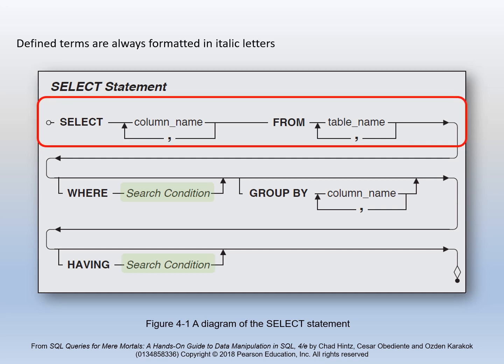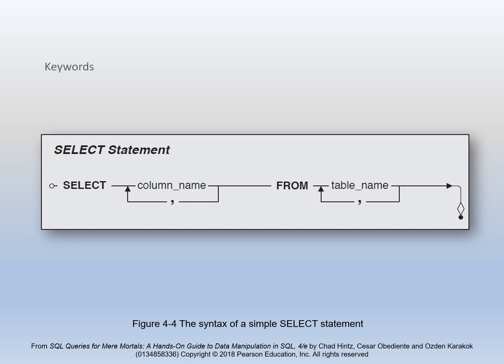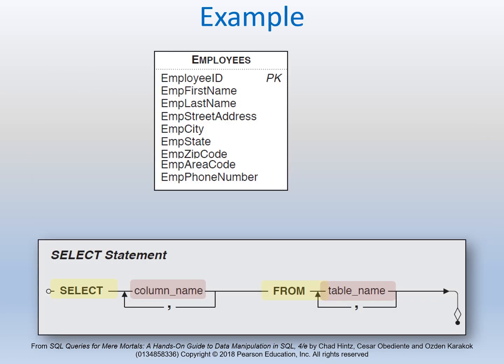We are going to primarily focus on the simple select statement, which is select column name or column names from a table or tables. With the basic select statement, we have our keywords all in uppercase and our literal entries all in lowercase.